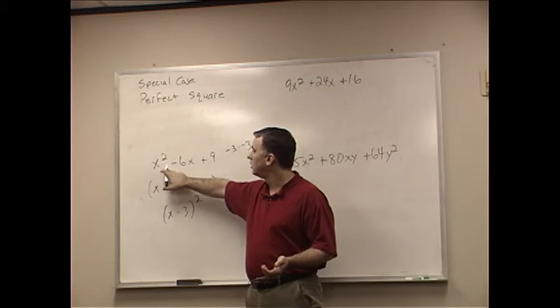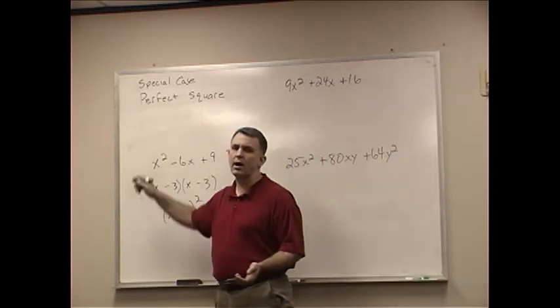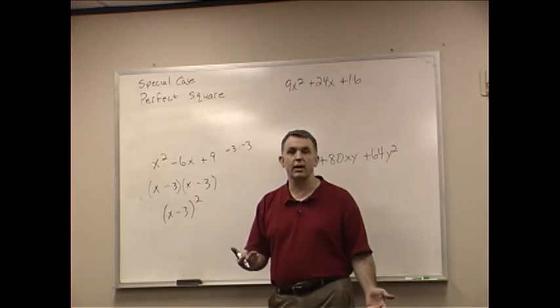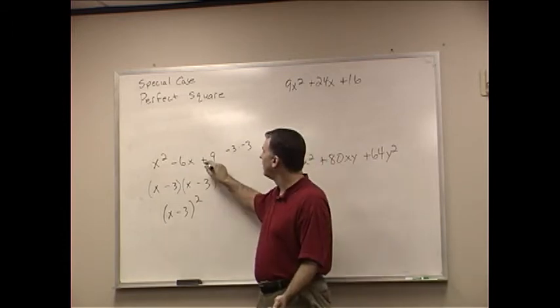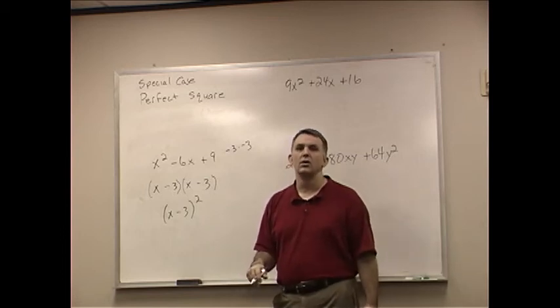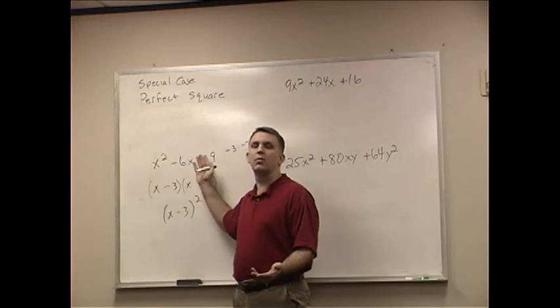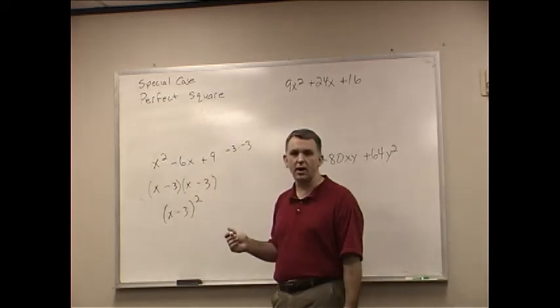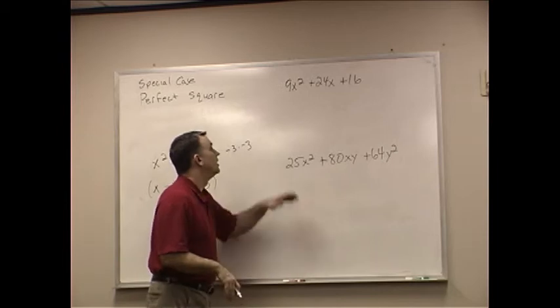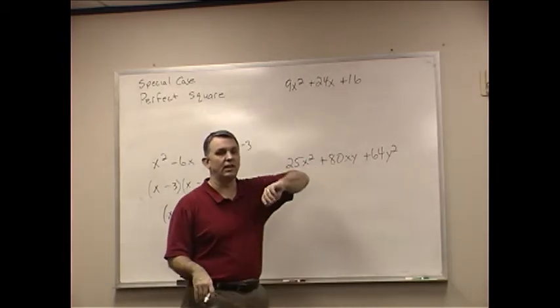Now, look hard at this. Can you take the square root of x squared? Yes, you can. Can you take the square root of 9? Yes, you can. Just like on the difference of two squares, you can take the square root of the first and the last number.